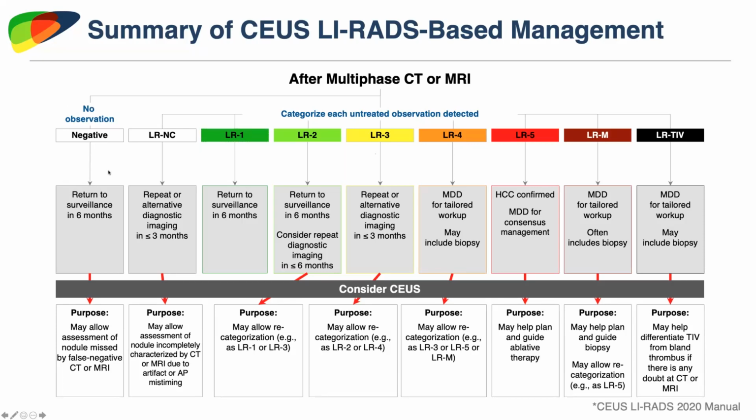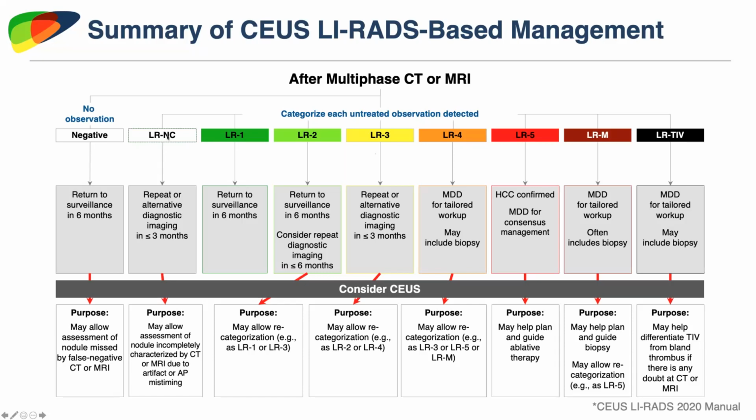So for instance, on the left side here, if the exam was negative, so we saw something, say, on a screening and surveillance ultrasound, that patient went on to multi-phase CT or MRI and nothing was seen. Well, if that observation was still seen on ultrasound, why not send that patient back to ultrasound to see if we can then characterize it with contrast-enhanced ultrasound? So that's one pathway we talk about its use.